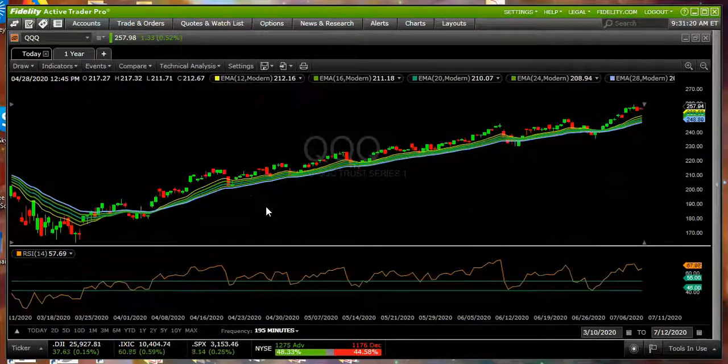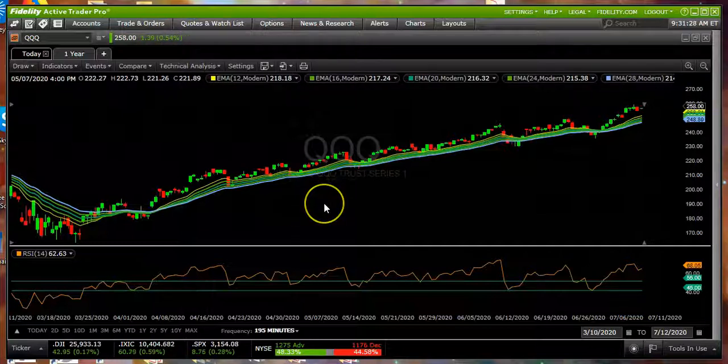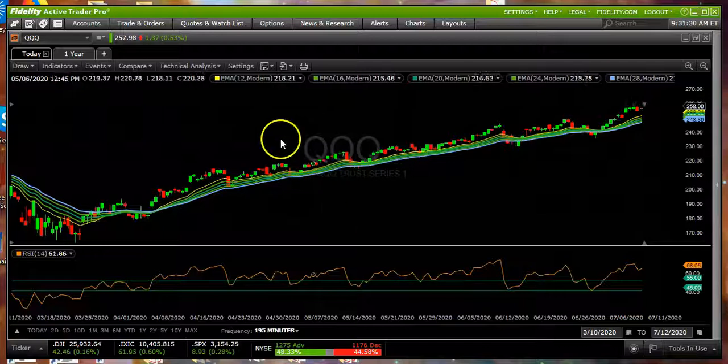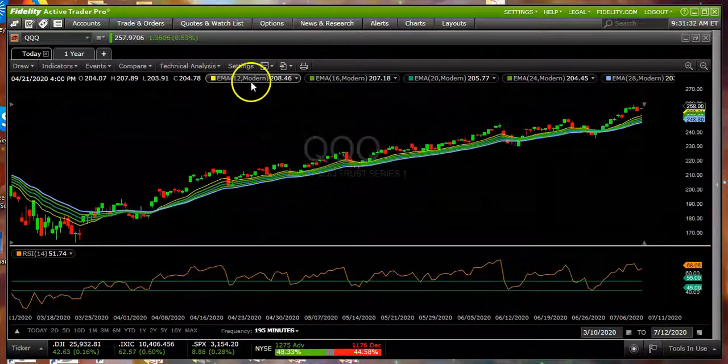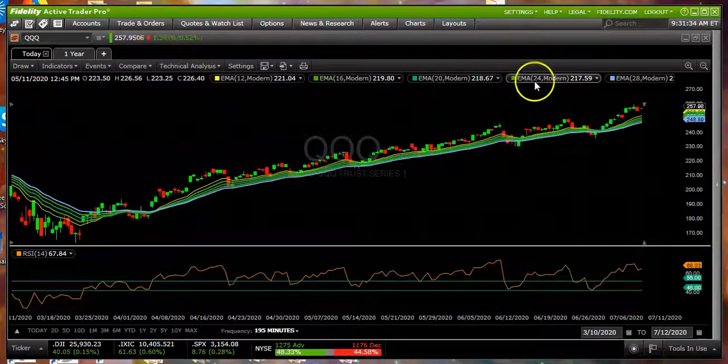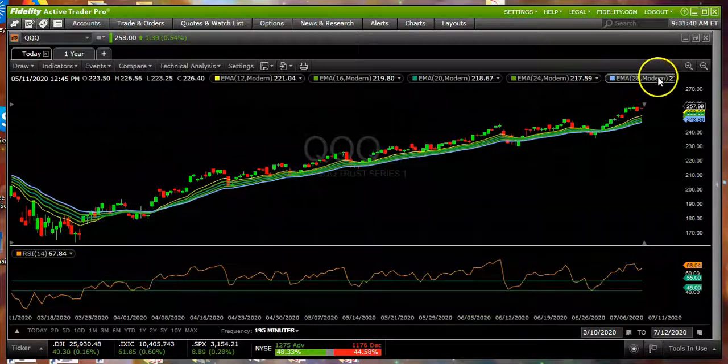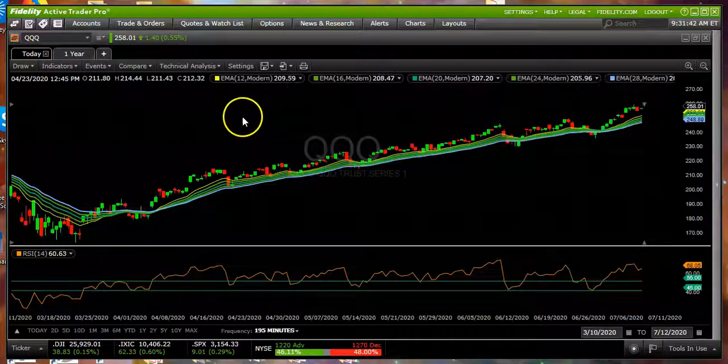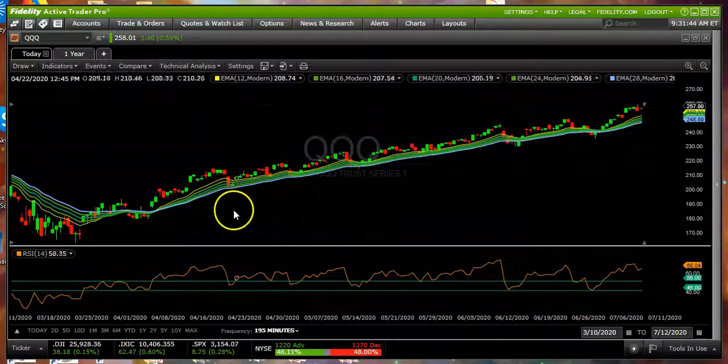we have on this particular chart, just to share with you what's going on here, multiple moving averages, and I use EMAs. I use the 12 EMA, which is right here, the 16, the 20, and the 24, and then it's bounded by an EMA 28, I guess I added to this particular chart, but in any event, you get the idea.